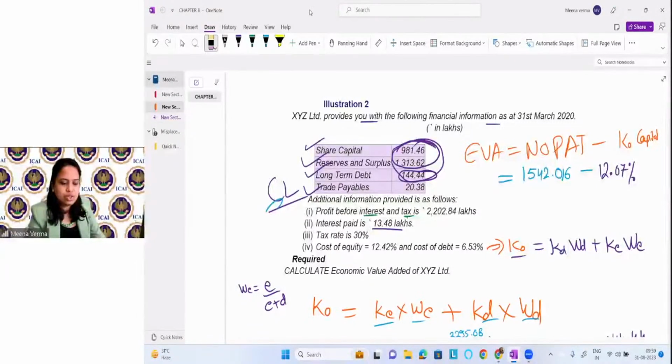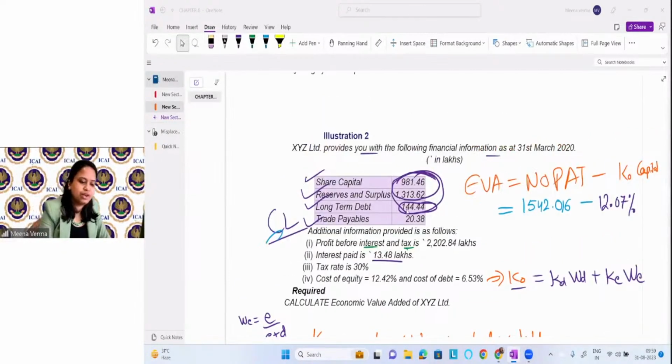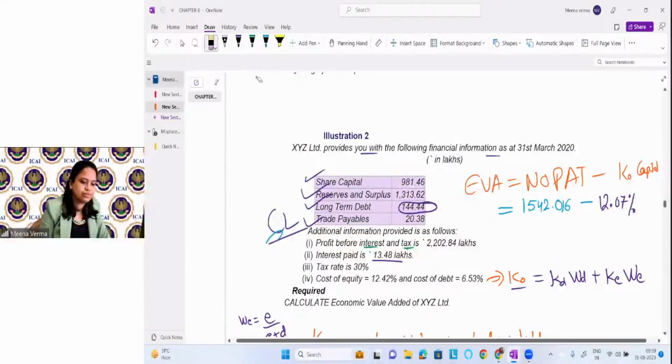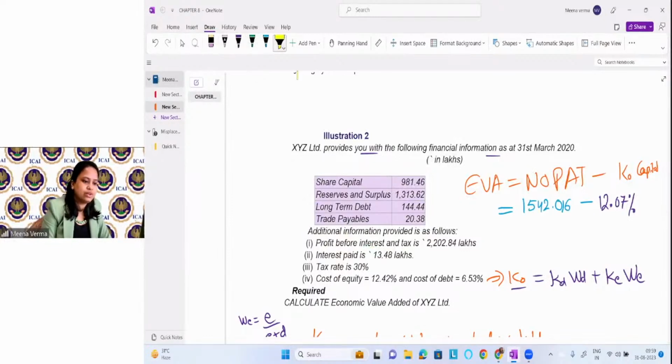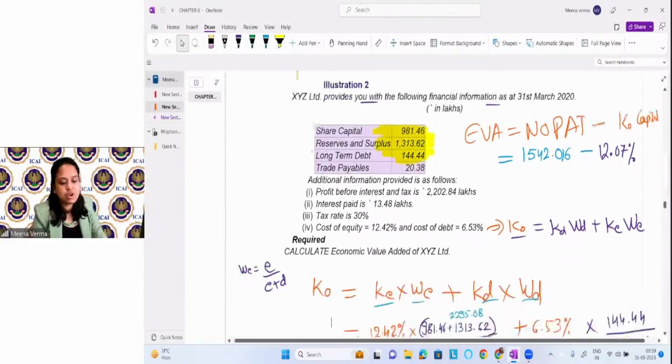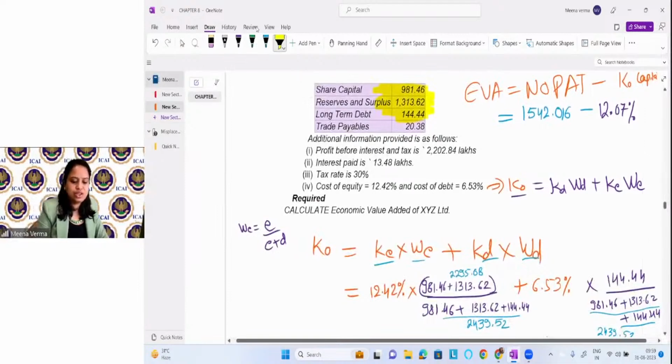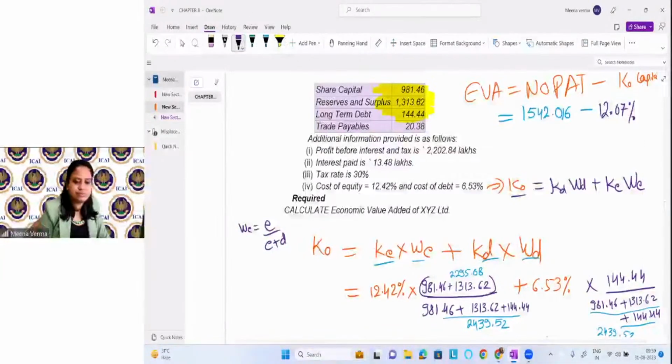The total capital is what? Long-term capital will include equity and debt both, right? So these three values will be the capital which you are investing in the business for a long time period, which is 2439.52. Multiply it with 12.07%.